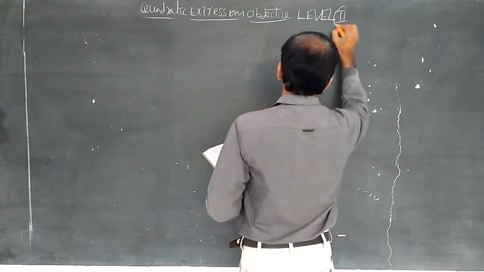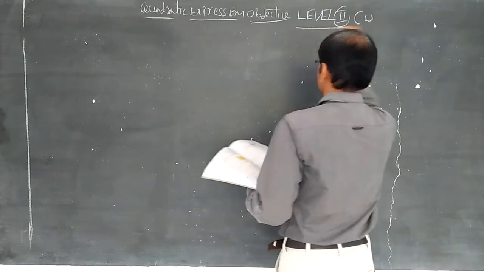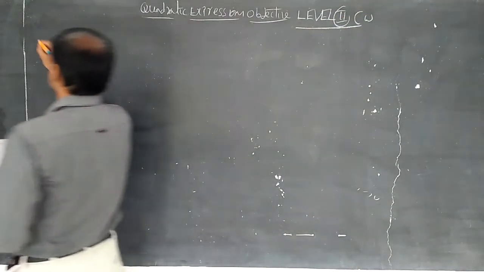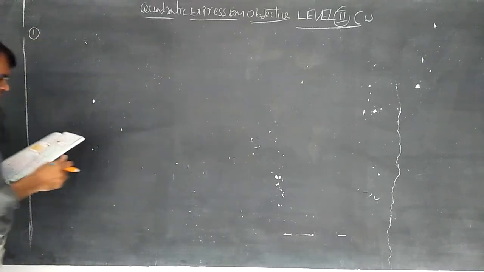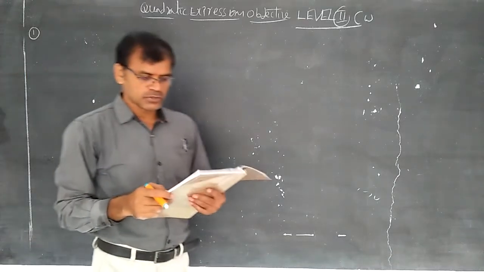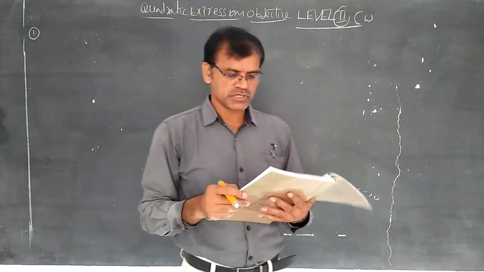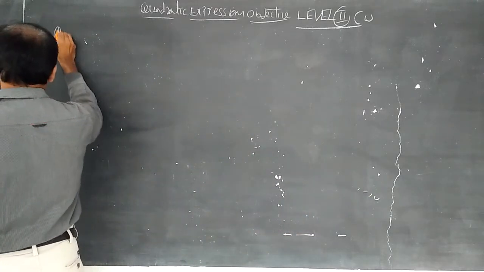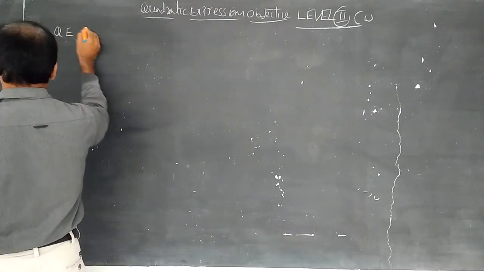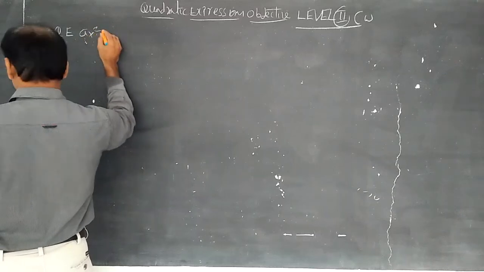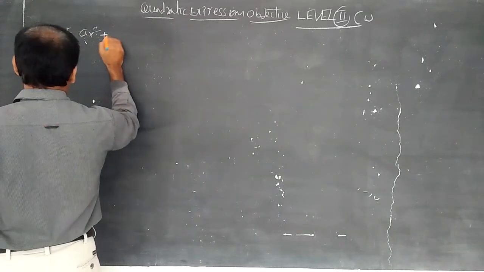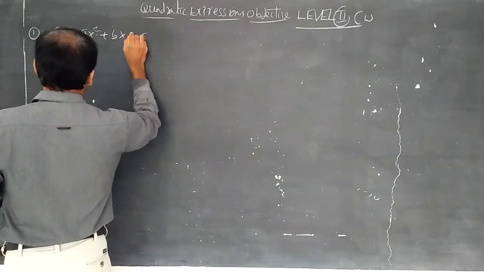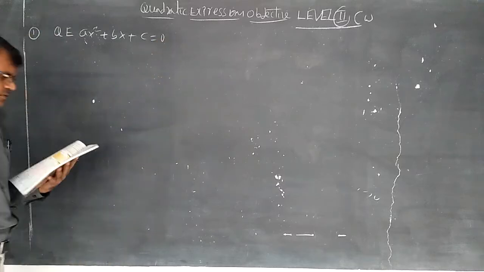Level 2 classwork, first one. If alpha, beta are the roots of the quadratic equation ax square plus bx plus c equal to 0, then find the value of alpha by beta minus beta by alpha whole square.